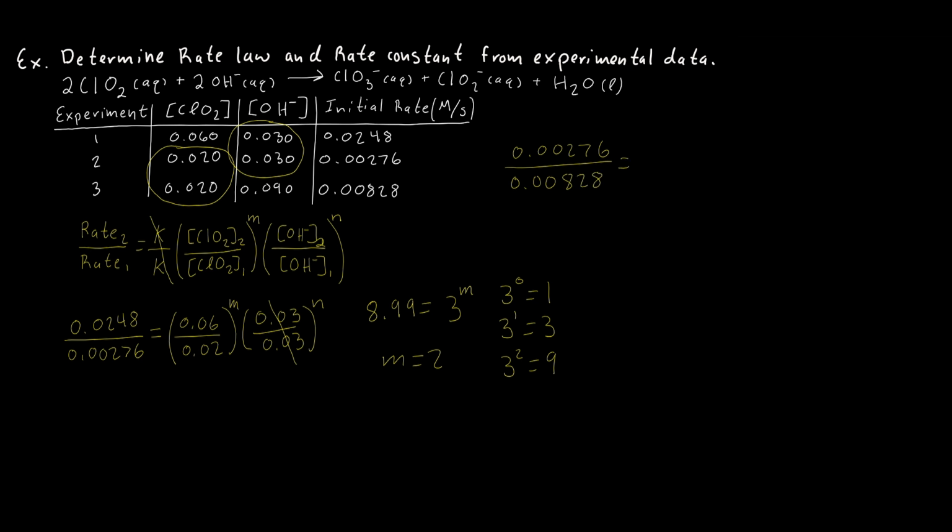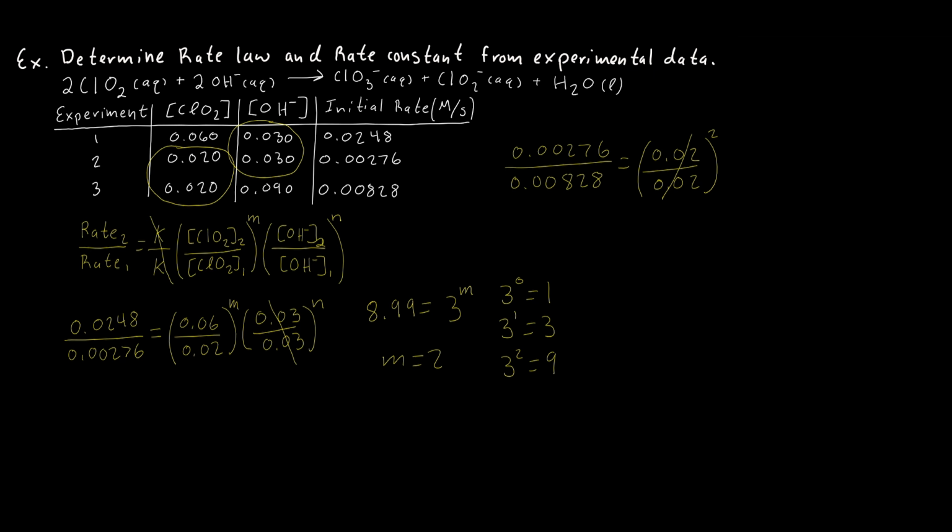And then again our K's cancel out. Our concentrations of ClO2 are 0.02, and that's to, well, now we know that m is equal to 2, but it's not relevant because 0.02 over 0.02 is 1, and 1 squared is just 1.